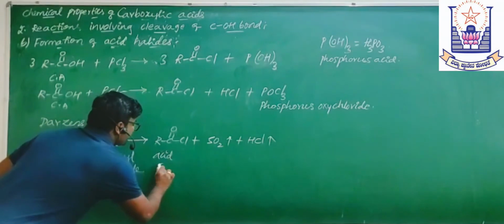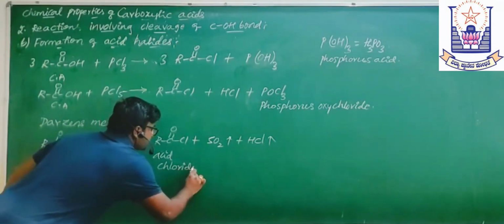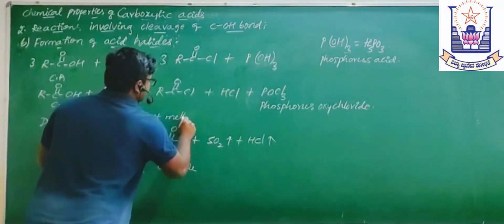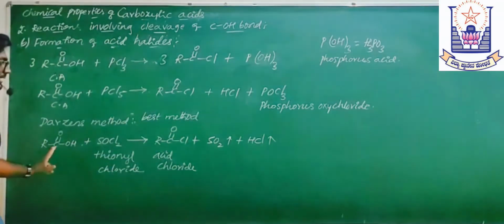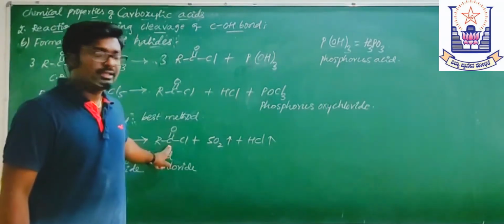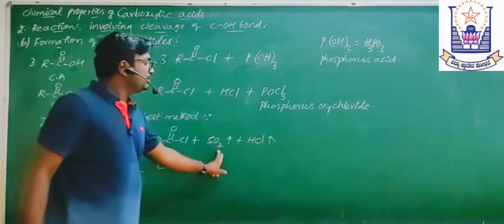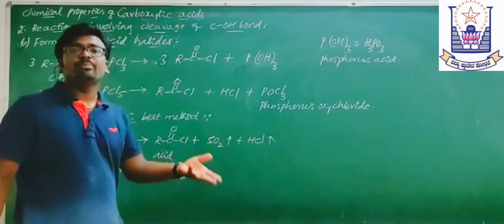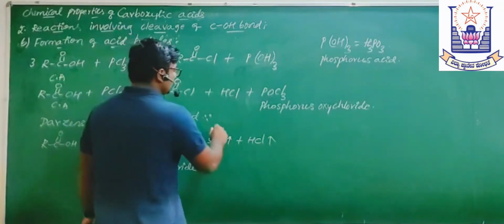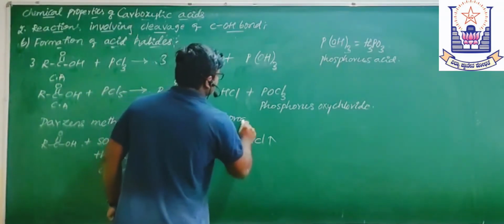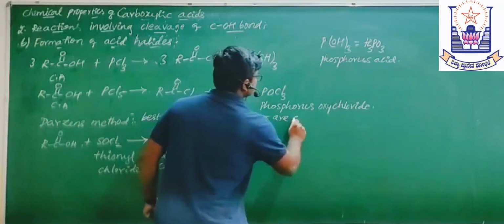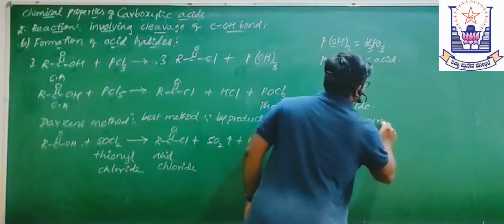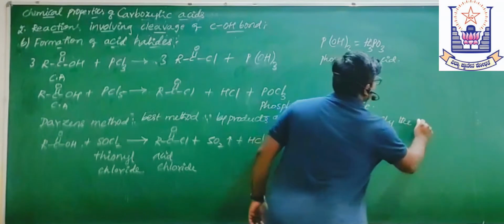Here it is particularly acid chloride. Darzens' method is a best method to convert the carboxylic acids to acid chloride, since the byproducts are gases and it is easy to purify the product.